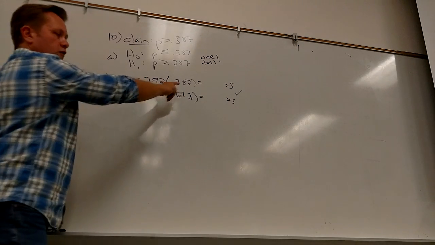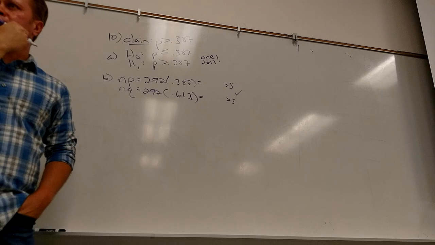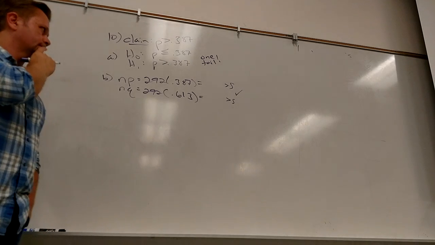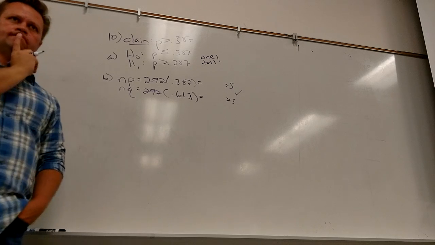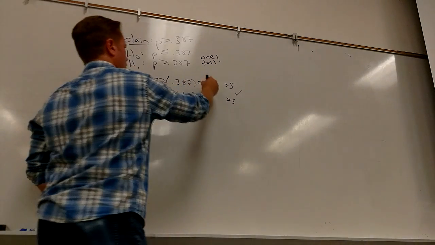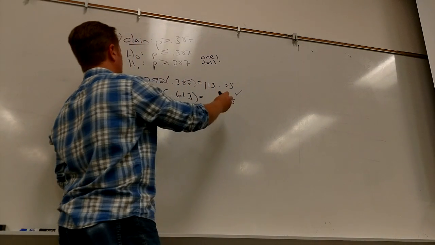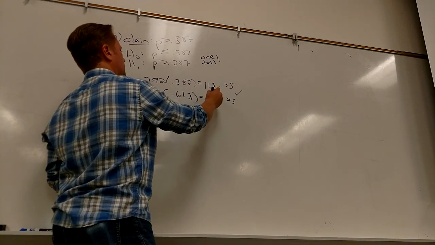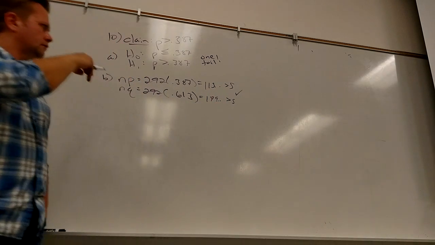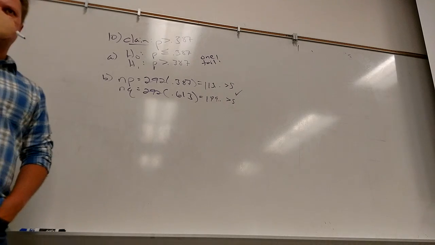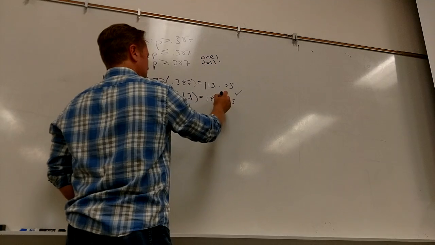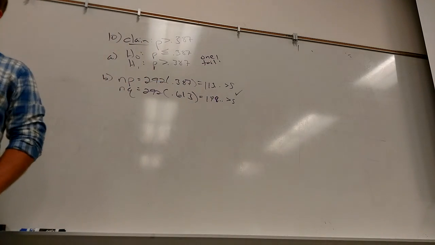Did anybody get something for those? Blah, blah, blah. And so this will be 179, blah, blah, blah. That's why I make somebody say blah, blah, blah. I did it, yay.